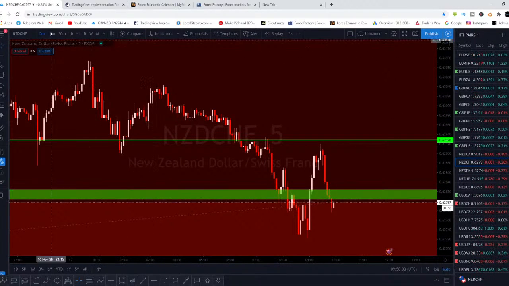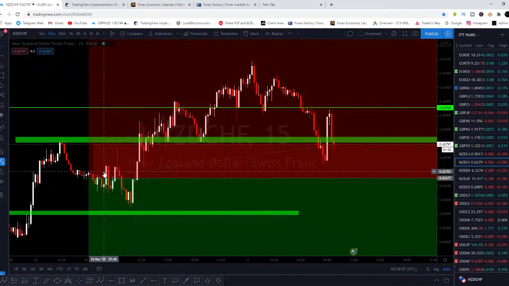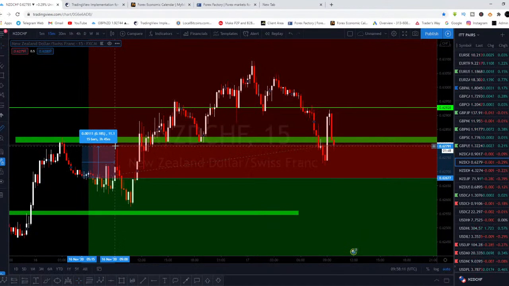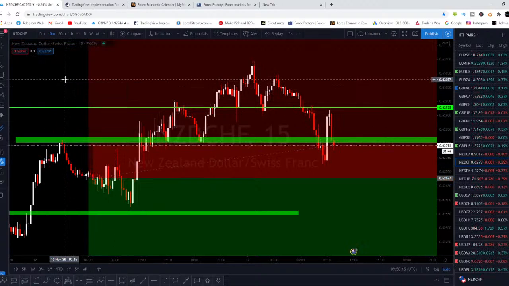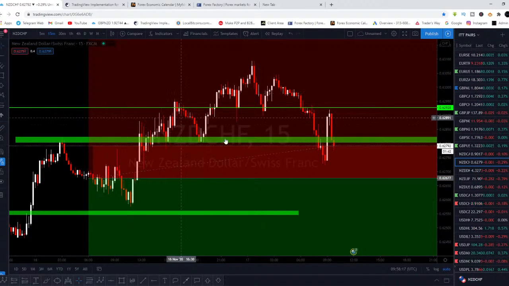NZD CHF is trying to misbehave as well. Right now it's about 11 pips negative, not in profit. Well, let's see what's going to happen.